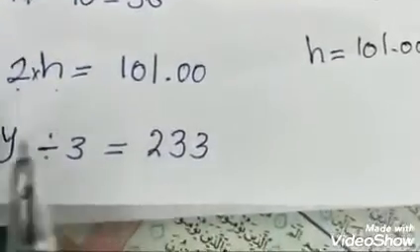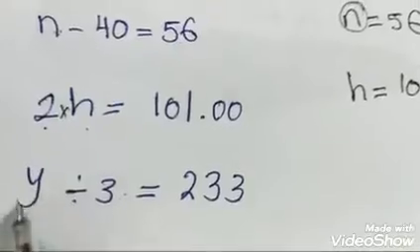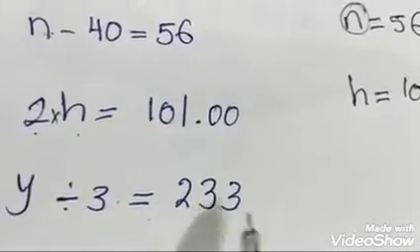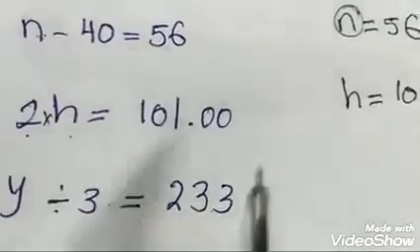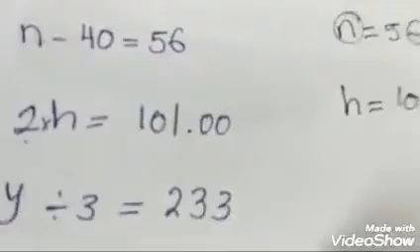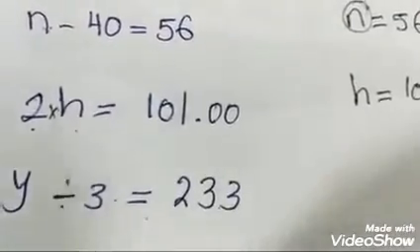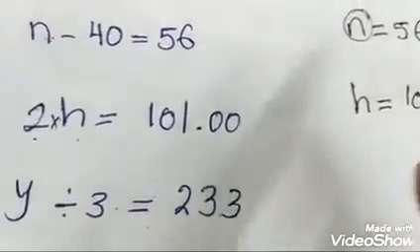Now, the last one: y divided by 3 equals 233. I have to make an inverse operation. This is division, so I have to make a multiplication operation.